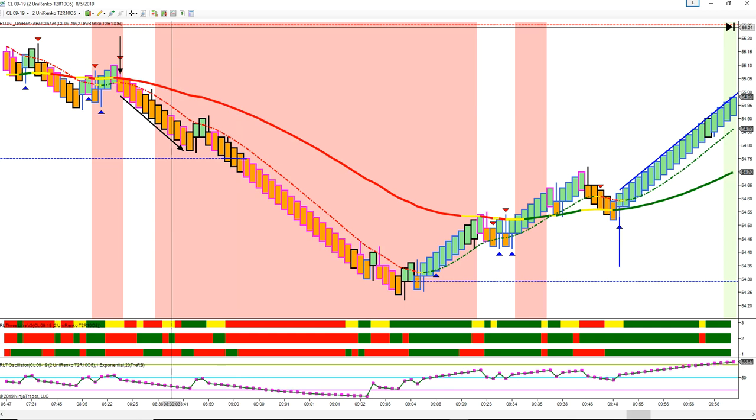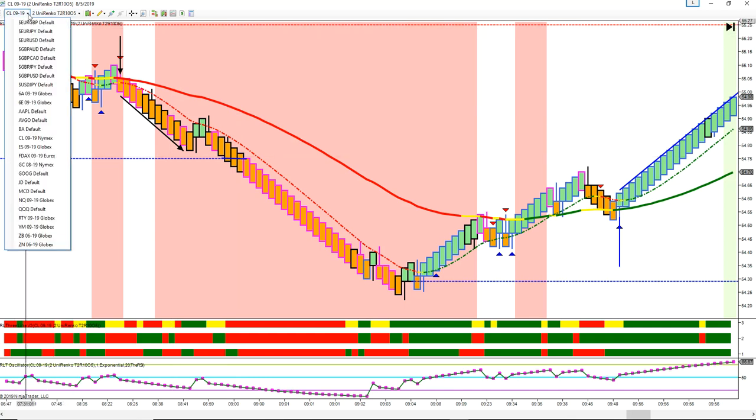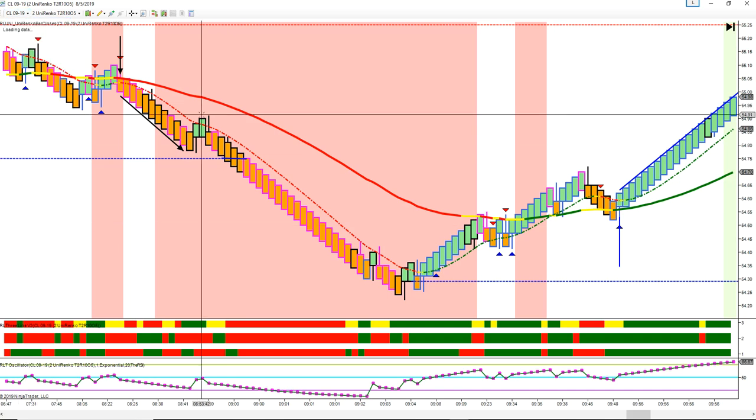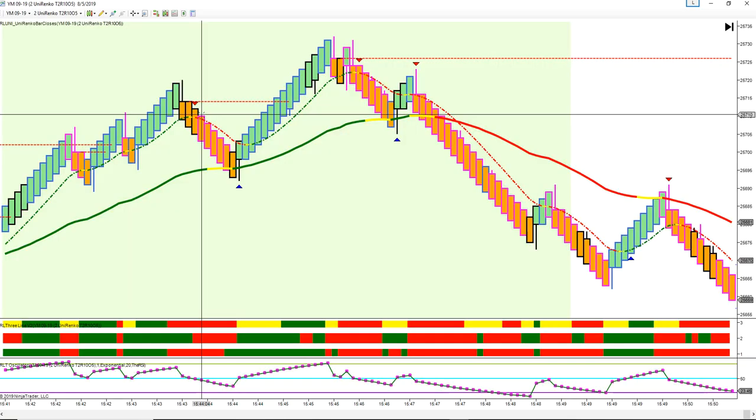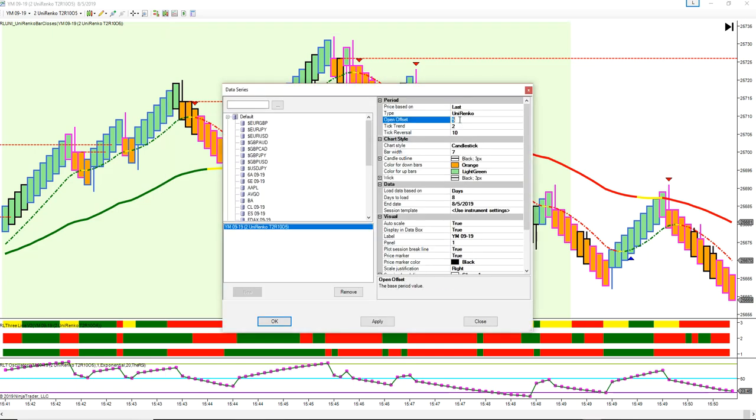at the Dow. But the Dow's on a slower chart.